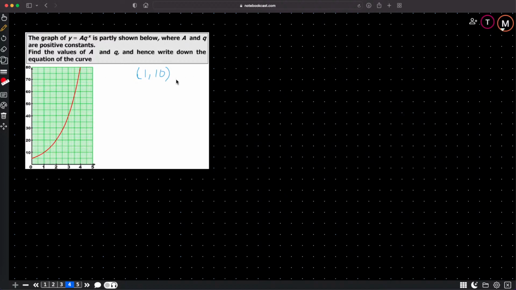Let's plug that into the equation. Actually we have two unknowns, and as we previously said, with two unknowns, generally you need two equations. So let's see what we get if we plug in (1, 10). This is our equation, y equals a q to the x.